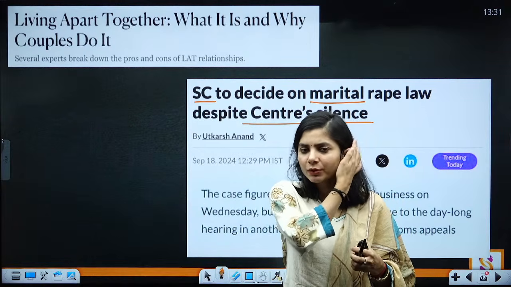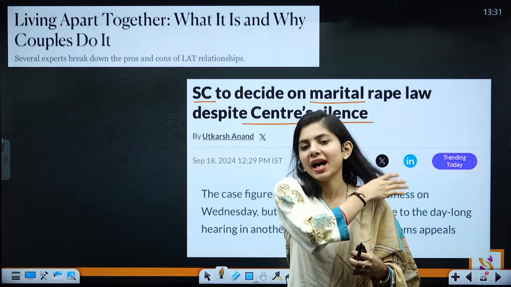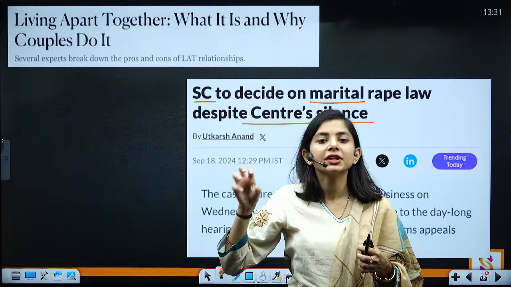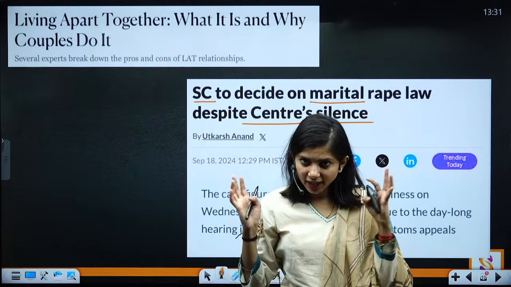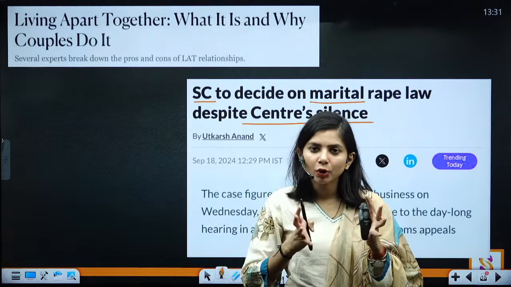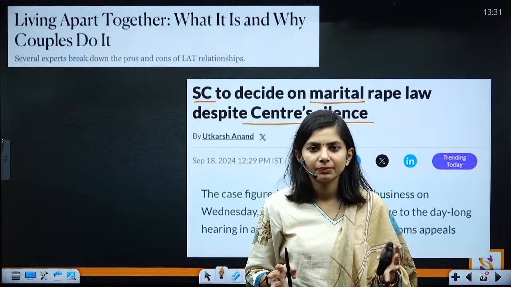But here the Supreme Court, and even the Madras High Court, said that females are the ultimate owners of their own body. And that's how, even if they are together in a bond of marriage, the husband still does not have complete right over the wife. Fine.